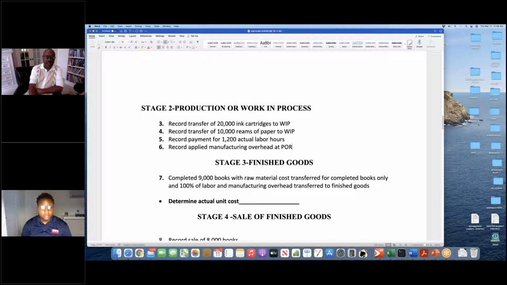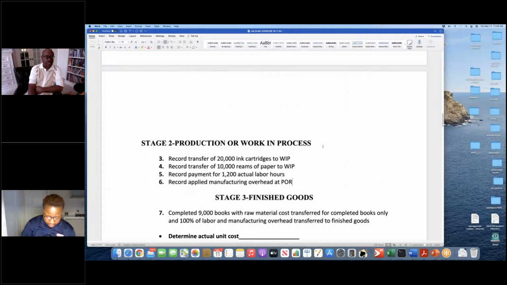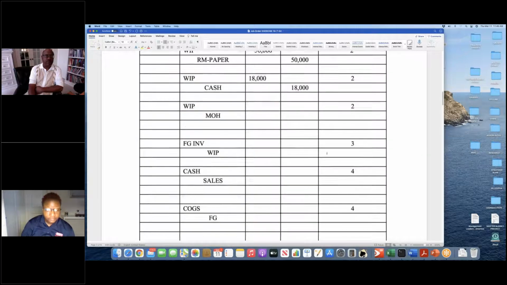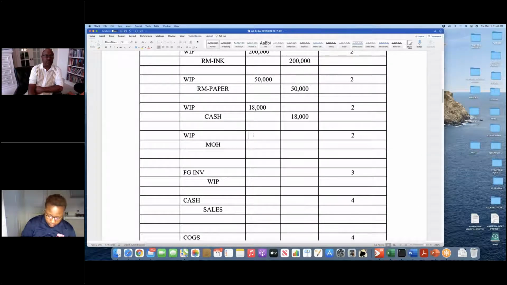Yeah, we're just using labor hours in this chapter. We can use machine hours also, but we're just using labor hours. So how much is that going to be? That's $24,000.